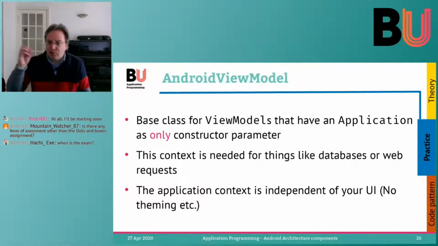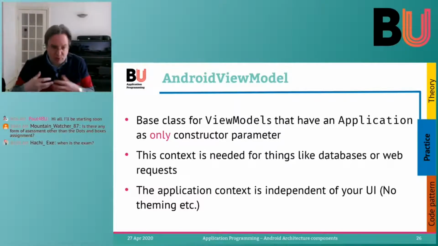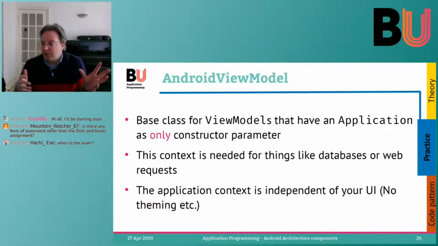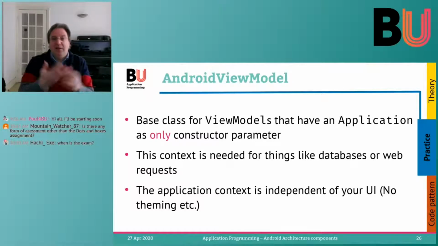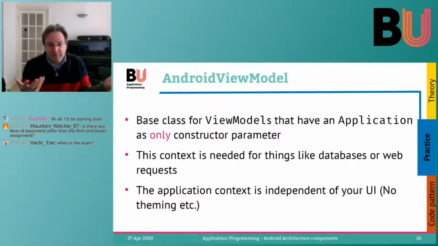There is another context that is not linked to UI elements. That's the application. The application is independent from UI elements. So if you want to do something related to your screen density or your language or your theme, that does not work in an application context because the application does not have those properties.